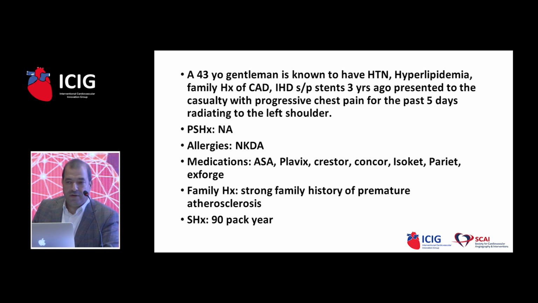Basic workup was done in the emergency department. The EKG demonstrated some inferior changes; I didn't include it because of poor quality. Blood work was completely normal apart from mildly elevated troponins, while CPK and CK-MB were negative.